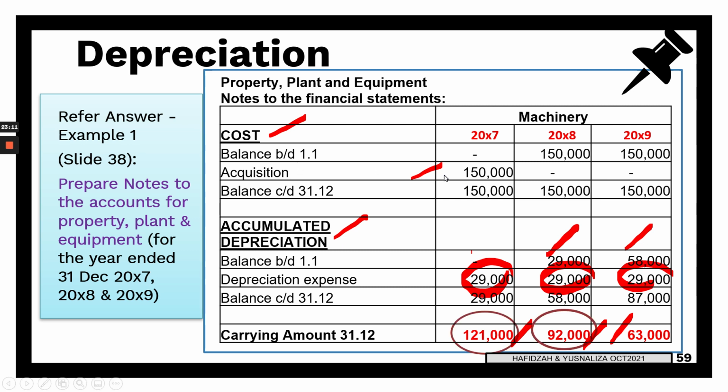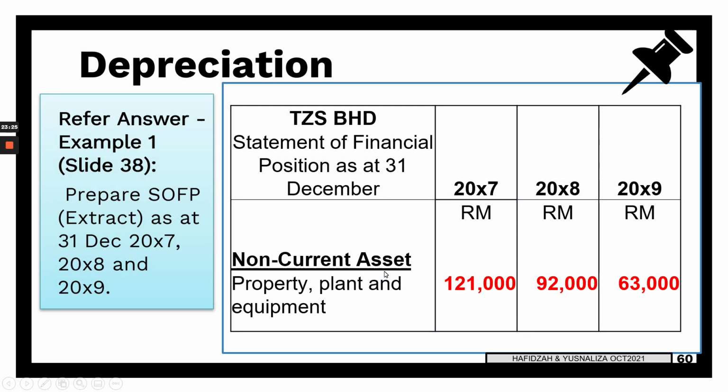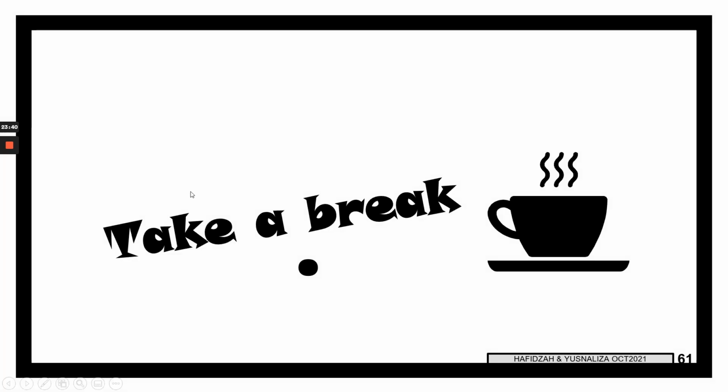So these are the carrying amount for each year, and that carrying amount will be shown in the SOFP, as the figure in the non-current asset under property, plant and equipment. This is the non-current asset section of the extract statement of financial position for 3 years: 121, 92 and 63. Again, this is based on example 1, slide 38 answer.